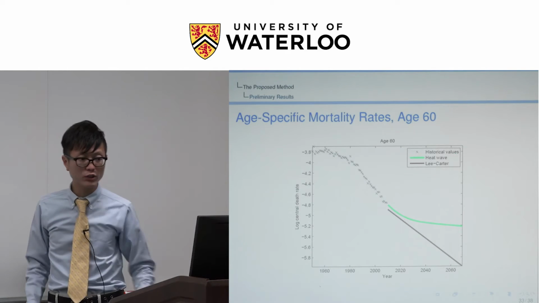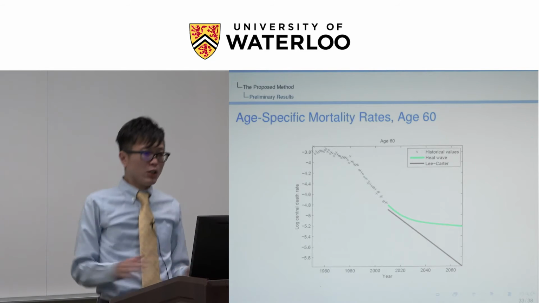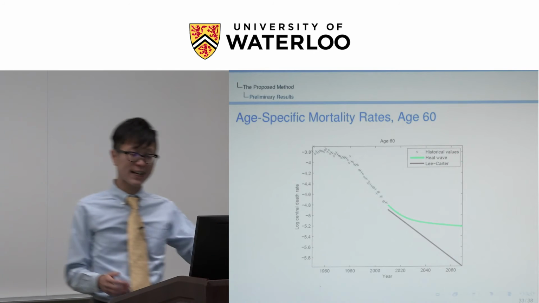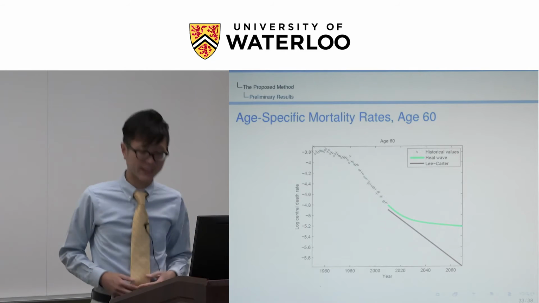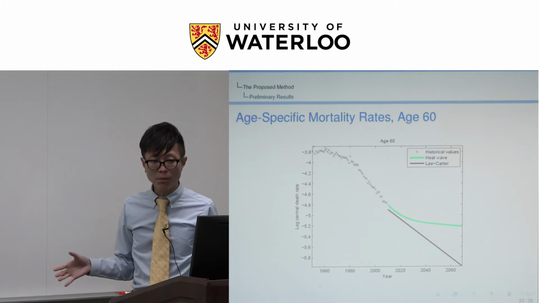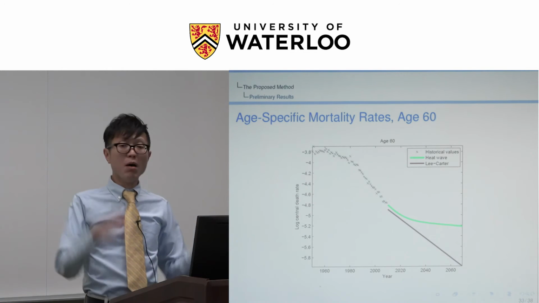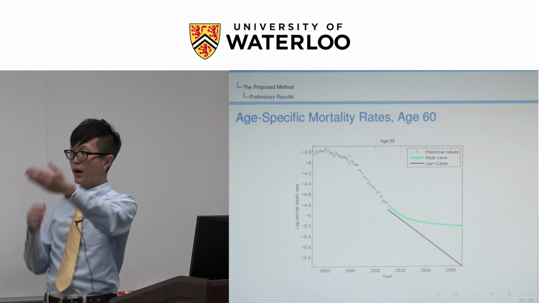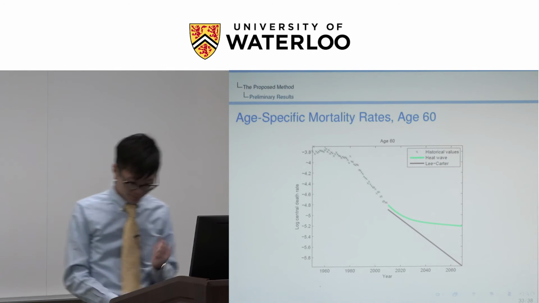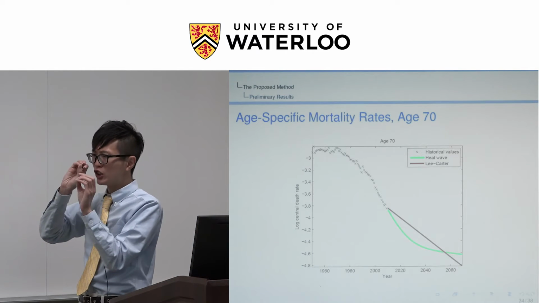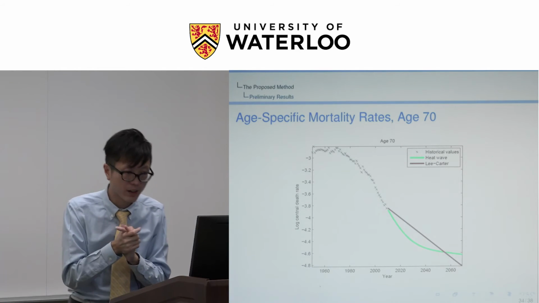It is also interesting to see on an age-by-age basis how the heat wave model is different from the original Lee-Carter model. So we are going to look at 3 different ages: age 60, age 70, and age 80. For age 60, the Lee-Carter model implies much lower future mortality rates compared to the heat wave model. But then, for age 70, the situation is changed a little bit.